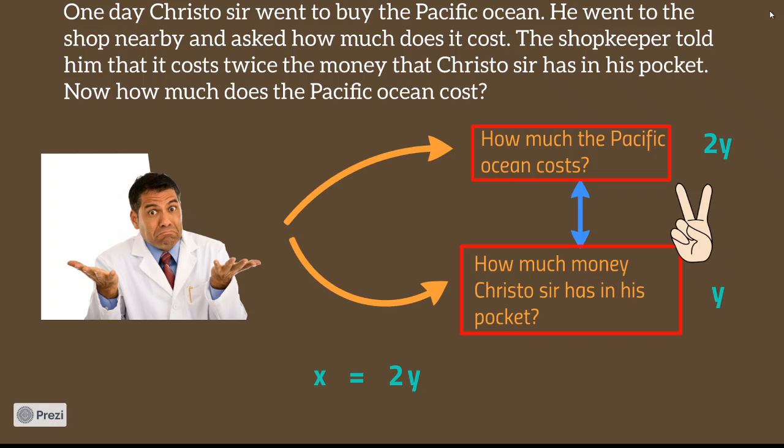Basically now you only have to know how much money Christopher has in his pocket, and therefore you'll be able to know how much the Pacific Ocean costs. Okay, before coming back, we should know that we'll get an equation with one variable.